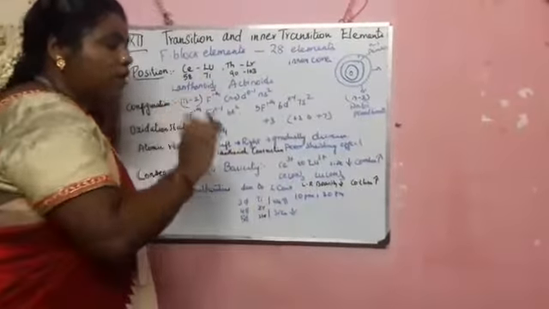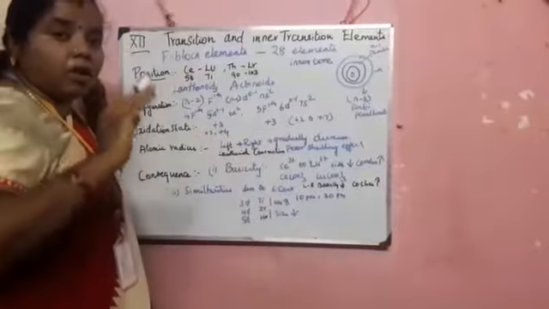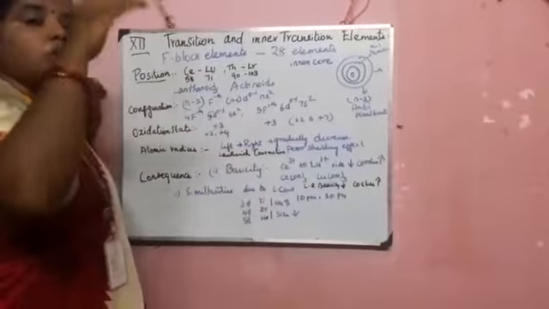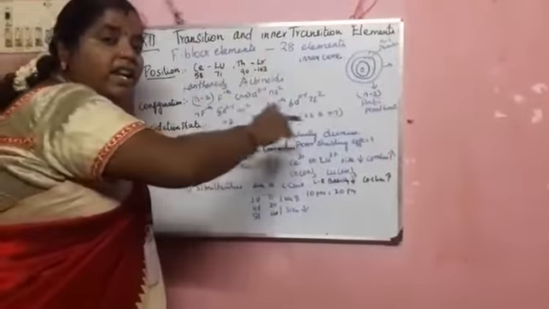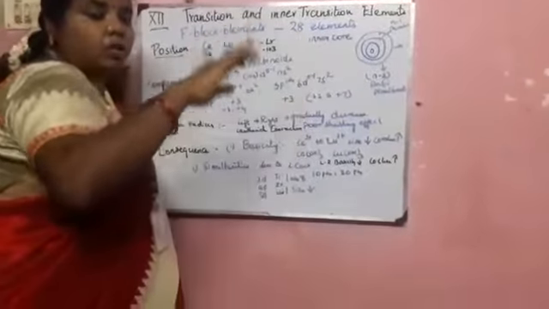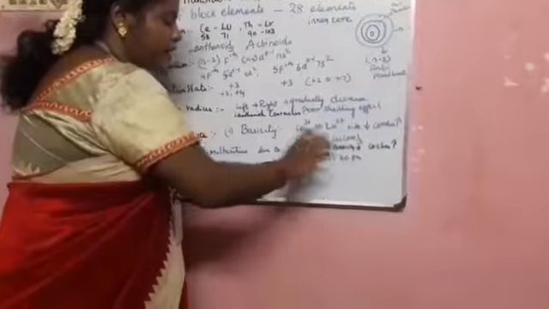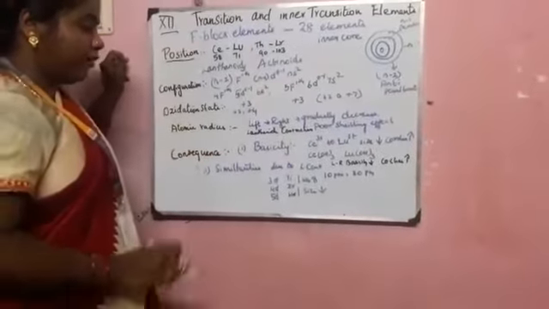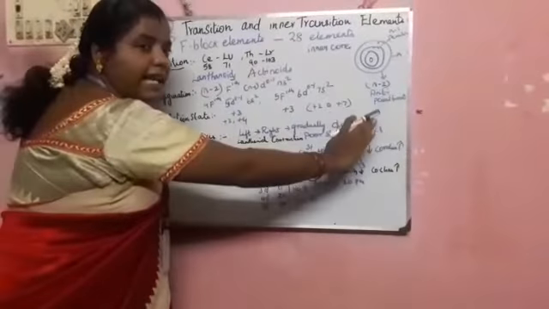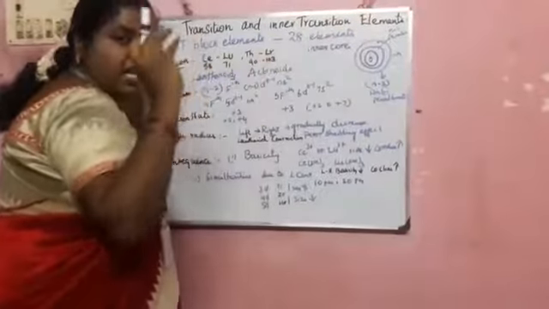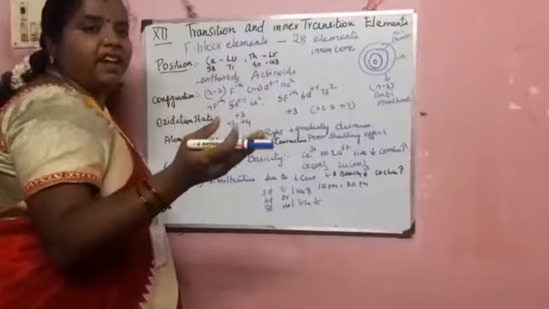Because of the size decrease, the covalent character also increases. Whenever the size decreases, automatically the covalent character will increase. So that is why the basicity differs. Okay. And so from left to right, the basicity decreases and the covalent character increases. Because of the decrease in size, the covalent character has increased.